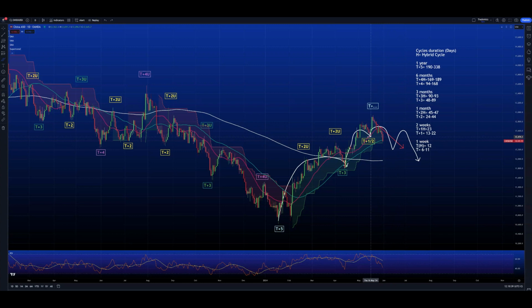And if here we have the T plus 2, then we cannot have a consistent bounce before the 17th of June in the best case scenario. But in the worst case scenario, we can have also much push to the downside until 44 days. This will be the worst case scenario. So that will be until 16th of July 2024.